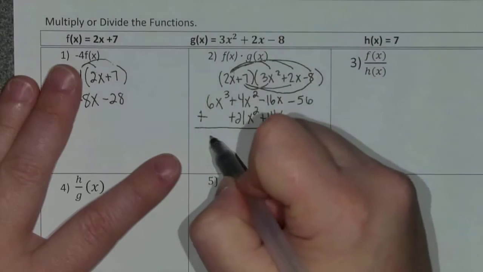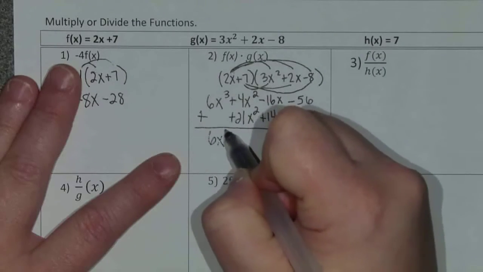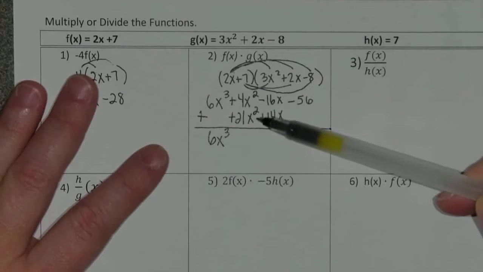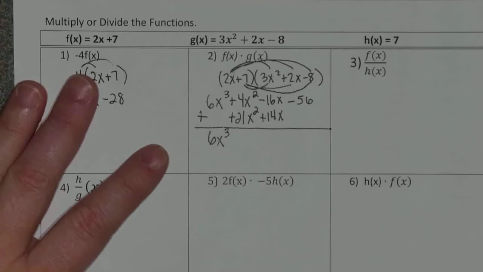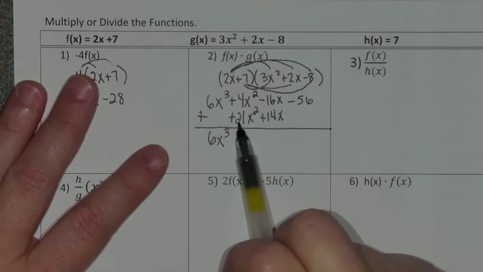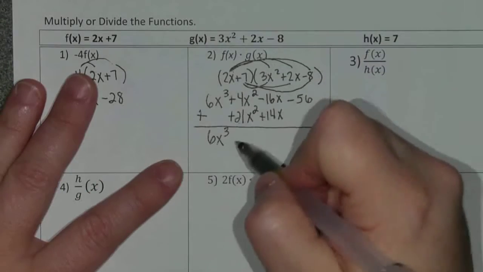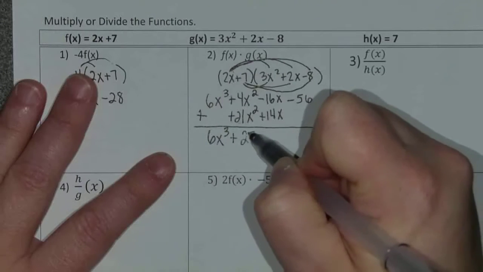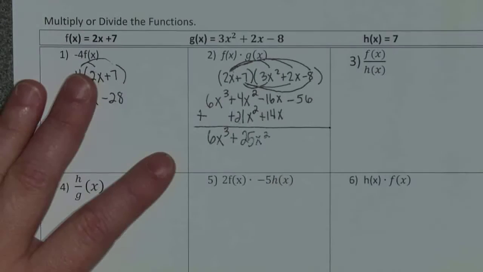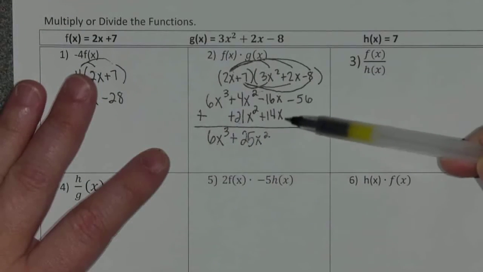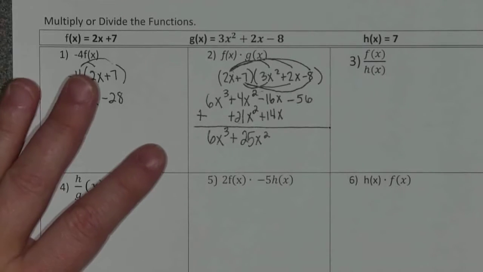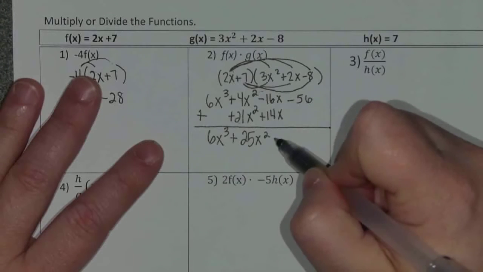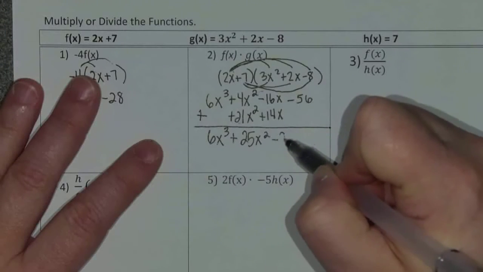The 6x cubed doesn't have anything to add with, so I'm still 6x cubed. But how many x squareds do I have? 21 plus 4? 25. And then on my x's, I have a -16 plus 14, which is a -2.